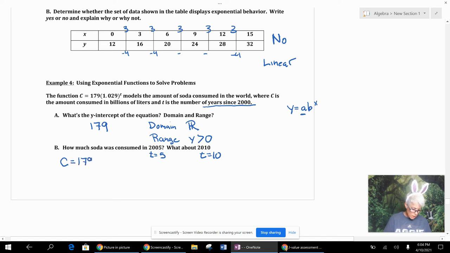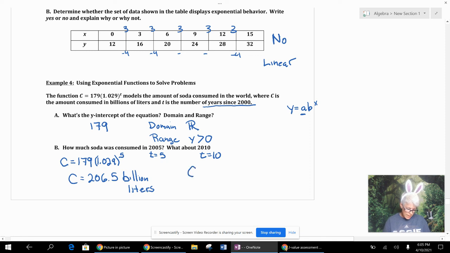In the beginning, it was 179 billion liters. Over a 5-year period, we'll pretend we put that into the calculator. C becomes 206.5 billion liters.